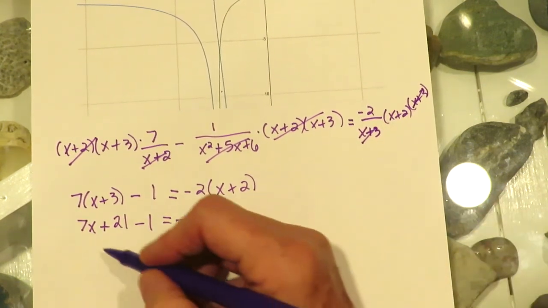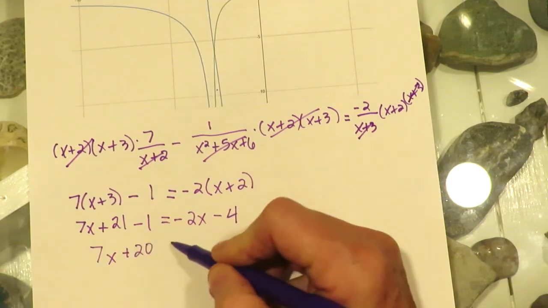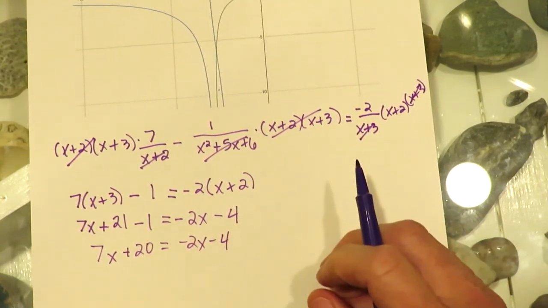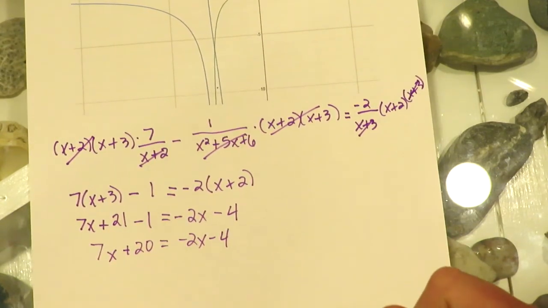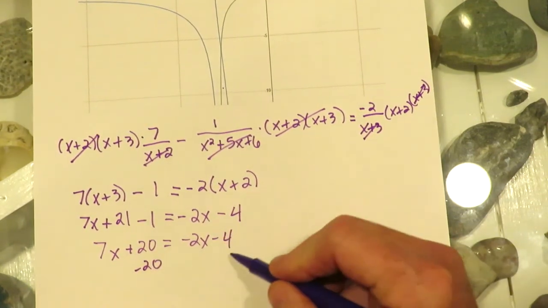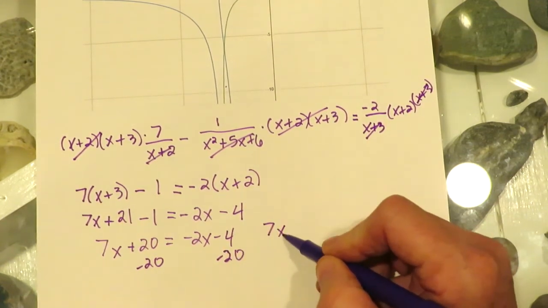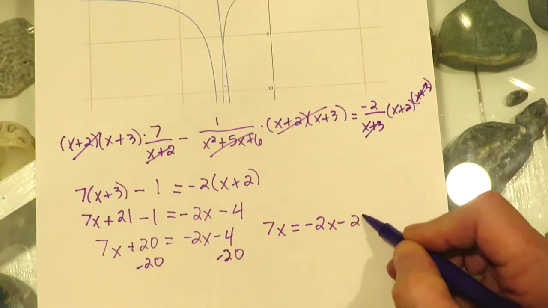And combining like terms, the 21 minus the 1 turns into a positive 20. And then I can either add 4 to both sides, or I can subtract 20 from both sides. Maybe I'll subtract 20 from both sides. All right, because that will give me 7x equals negative 2x minus 24.